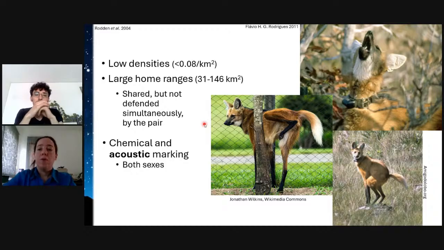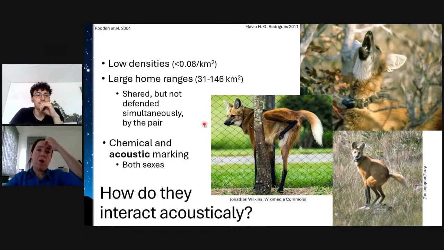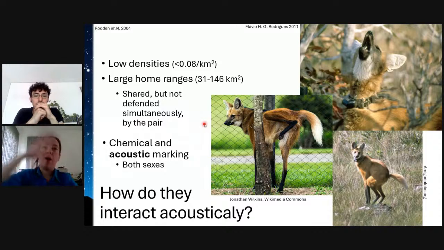So our question was, how do maned wolves interact acoustically? This is the larger question, but we of course have to break it into small pieces.